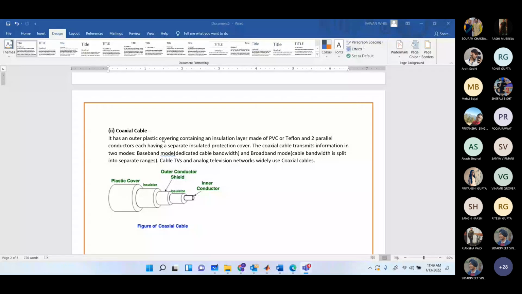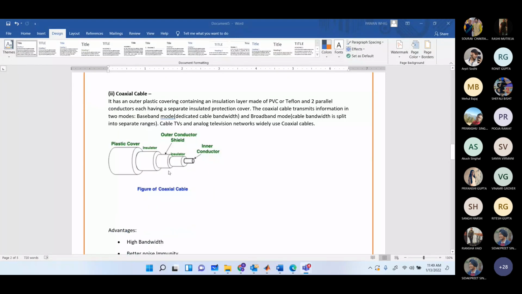This cable is specially designed, and its construction may be asked in the exam. It is the inner conductor, then insulator, then the outer conductor shield, then insulator, then plastic cover. So this is how a coaxial cable is made up.